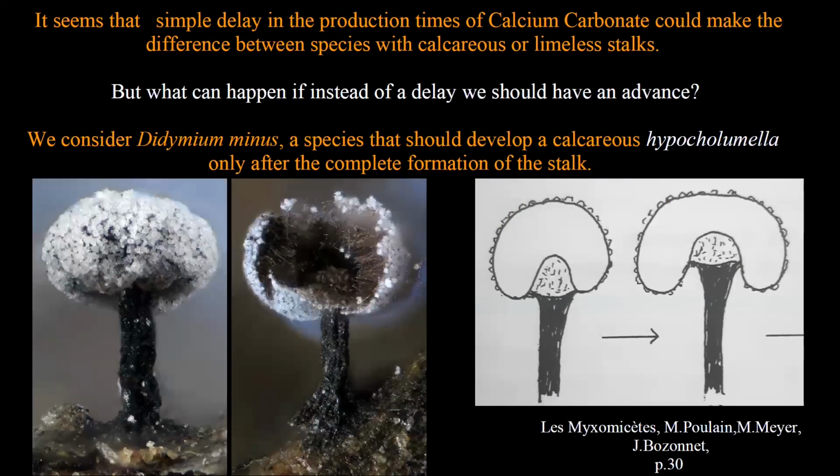It seemed that a simple delay in the production times of calcium carbonate could make the difference between species with calcareous or limeless stalk. But what can happen if, instead of a delay, we have an advance? We consider Didymium minus, a species that should develop a calcareous hypocolumella only after the complete formation of the stalk.